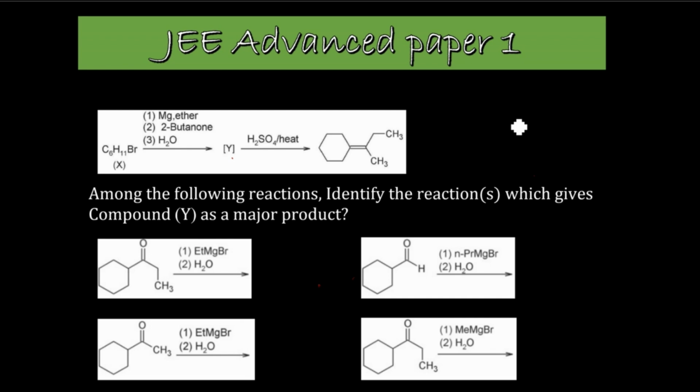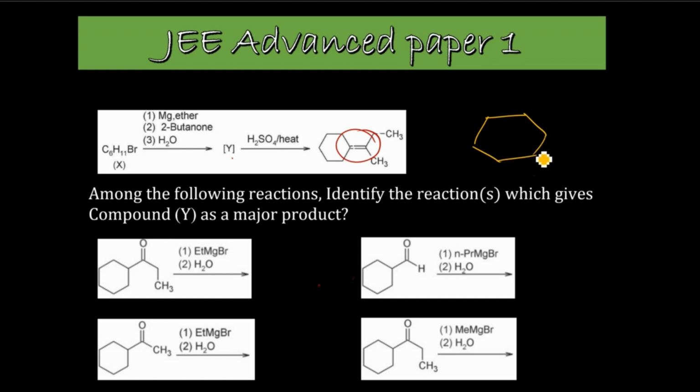Let's say this question where I have C6H11Br reacting with magnesium in ether and 2-butanone, and H2O, forming Y. Y with H2SO4 and heat is giving us a double bonded compound. Okay, so what can this Y be?